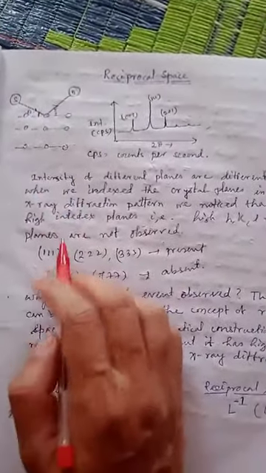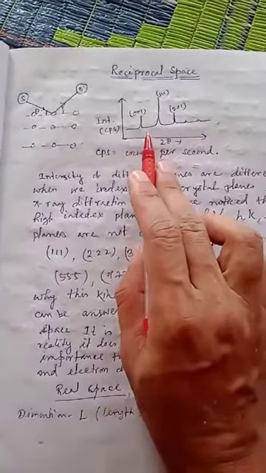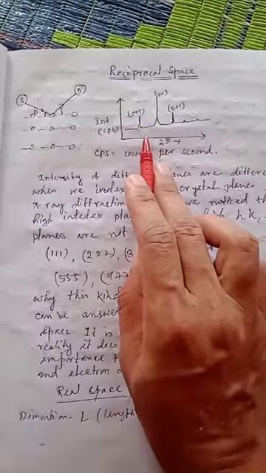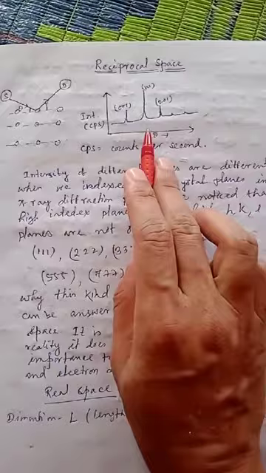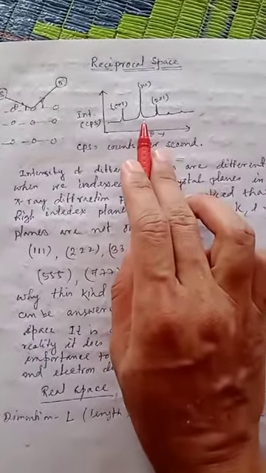Now from this experiment we find out the X-ray diffraction pattern. Previously we have seen that a crystalline solid gives a sharp peak and an amorphous solid gives a broad peak.